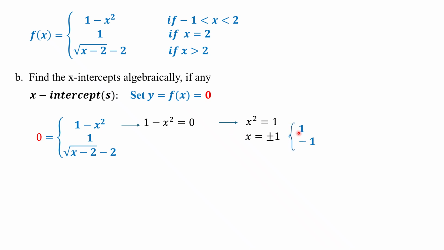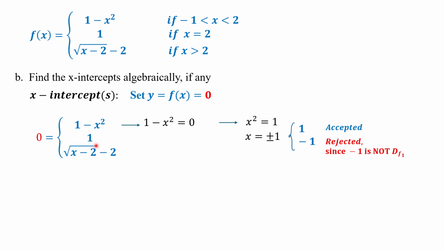These are supposedly the x-intercepts from the first equation. But the given domain of this first equation is only from -1 up to 2. So 1 is included in this domain, so we accept this as an x-intercept. But -1 is never included in the domain of the first equation, so we have to reject -1. So the only x-intercept on the first equation is x equal to 1.